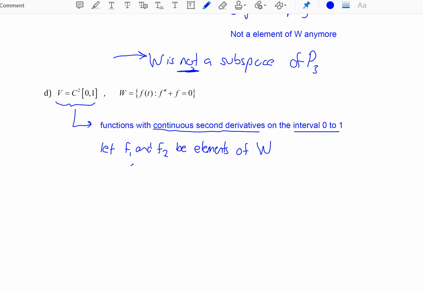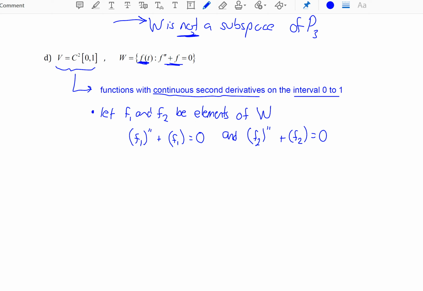It means f1 double prime plus f1 has to equal 0. That's what it means to be an element of W, is that we only consider those functions that satisfy this requirement. And it also means that f2 double prime plus f2 has to equal 0. That's what it means for f1 and f2 to be elements of W. What we want to be able to show is that these functions satisfy the closure properties.